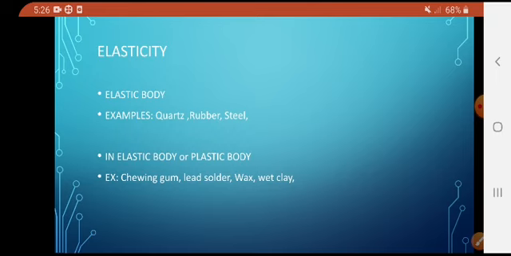The plastic body has some property by virtue of which the deformation is retained even after the applied force is withdrawn. Even after you withdraw the applied force, due to the deformation, the body remains in that shape and size.